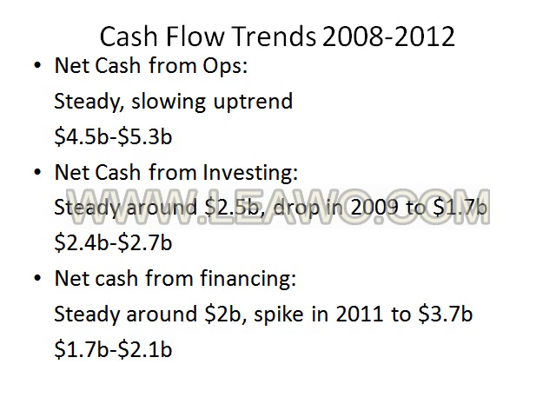Net cash from financing. The trend here is steady around $2 billion. There was a spike in 2011 all the way to $3.7 billion. In 2008, net cash from financing was $1.7 billion. In 2012, $2.1 billion.